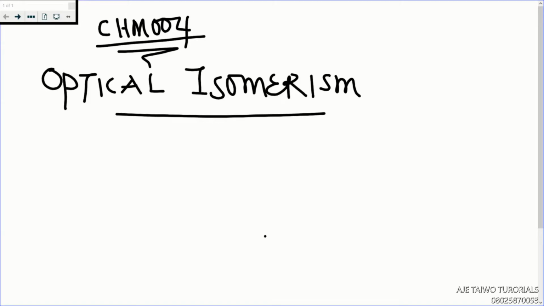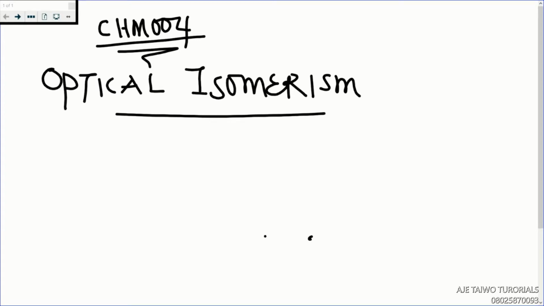Right, please. Optical isomerism. This is a phenomenon whereby two structural isomers with the same physical and chemical properties, but differ in the direction of rotation of plane polarized light.